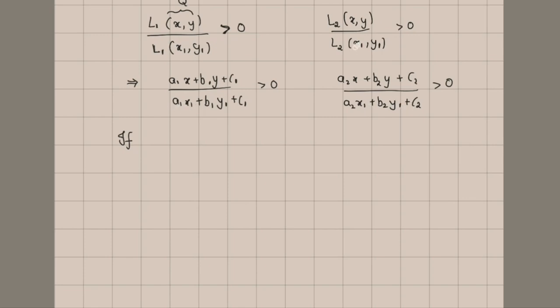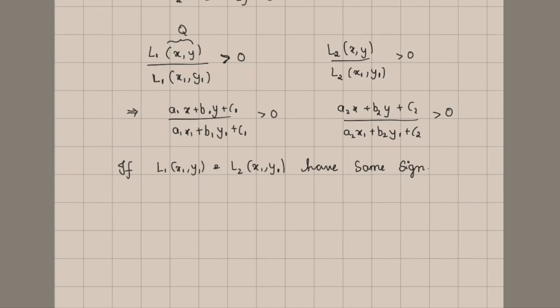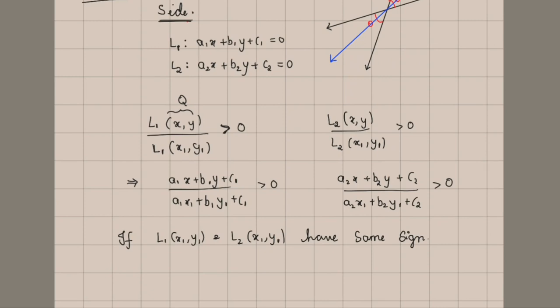If L1 of x1 comma y1 and L2 of x1 comma y1 have the same sign, then L1 of x comma y and L2 of x comma y will also have the same sign, because we have seen that since P and Q are on the same side, the signs of L1 of x1 comma y1 and L1 of x comma y are also the same.